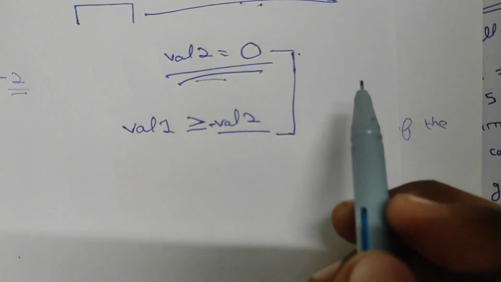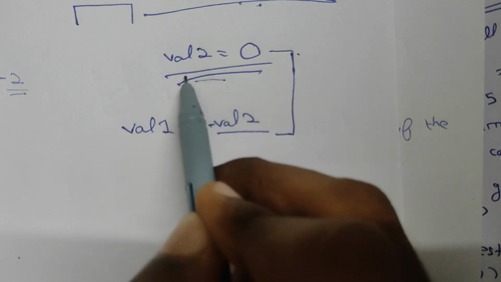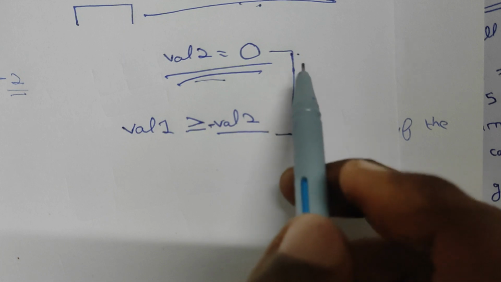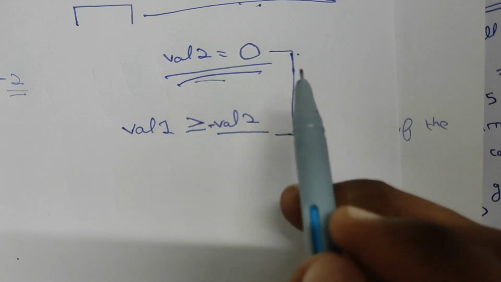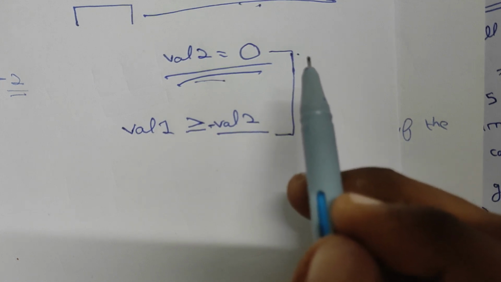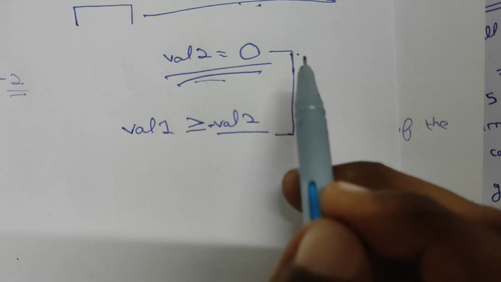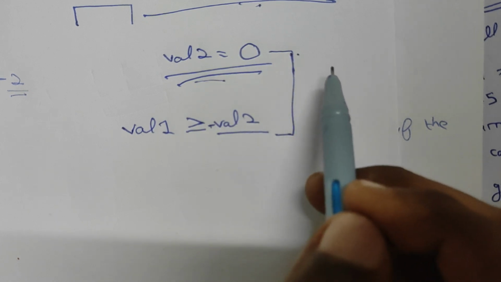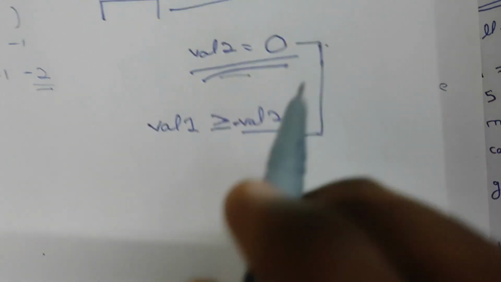And to find the number of substrings which have value equal to 0, it's very easy. It's a standard LeetCode or Codeforces problem. So initially we just have to find the prefix sum of the entire array, and we just have to keep a count of all the values. Okay, I will tell you.